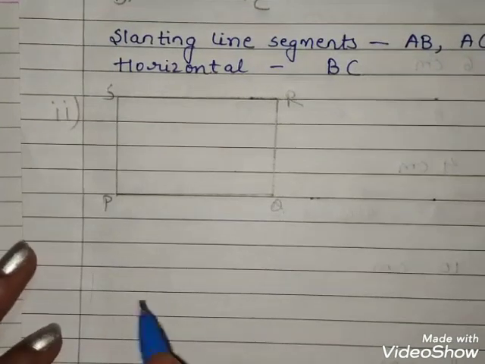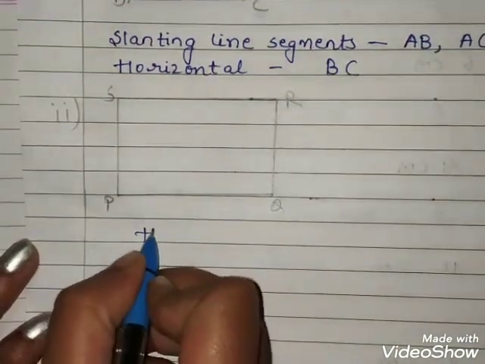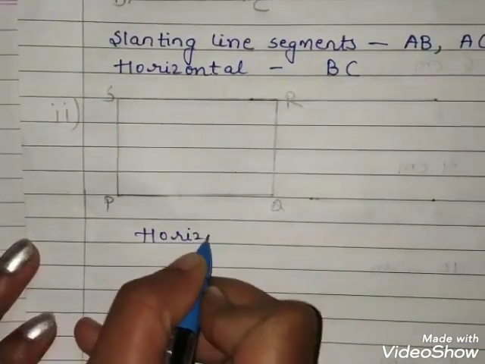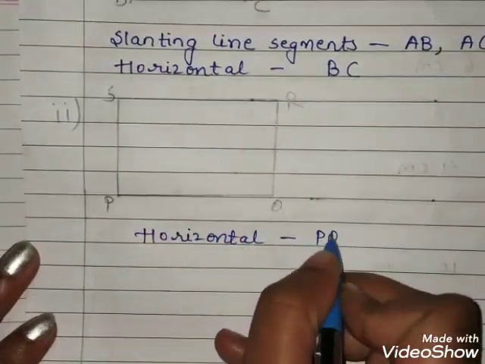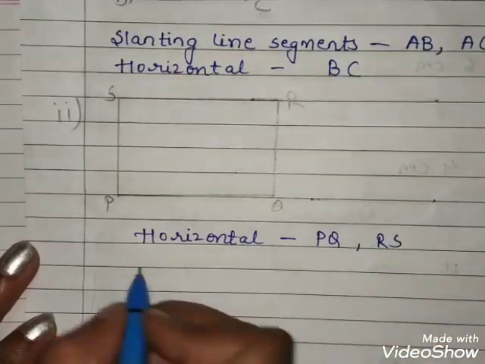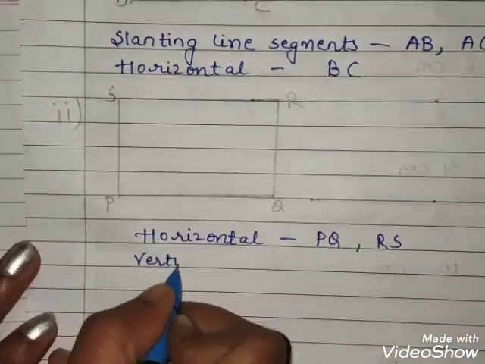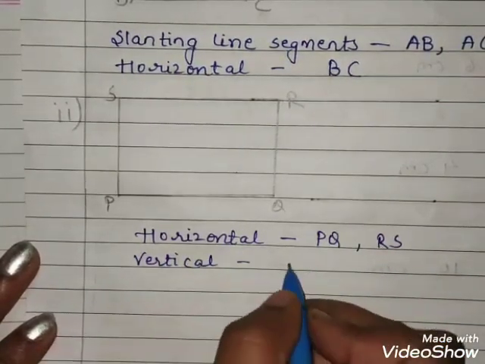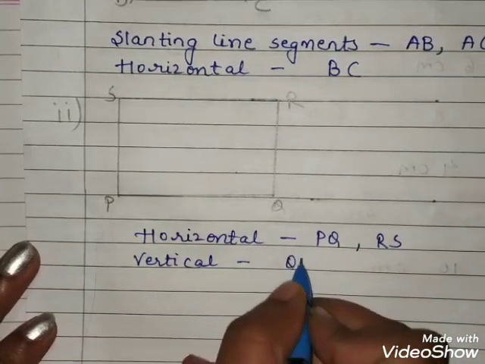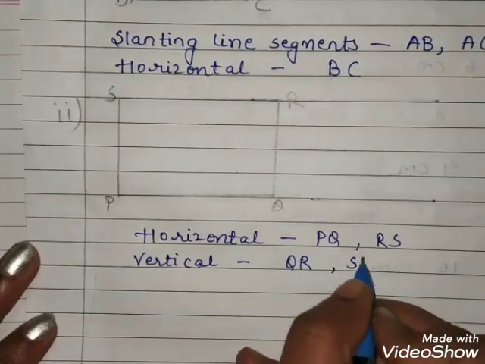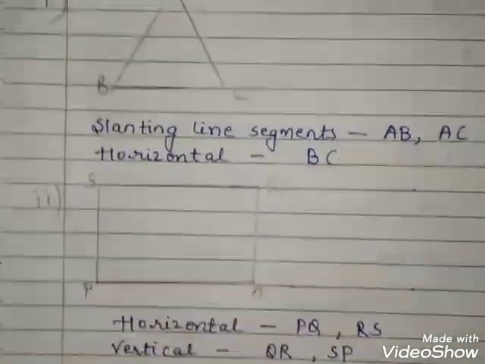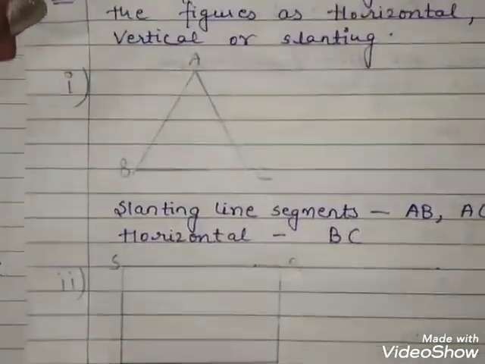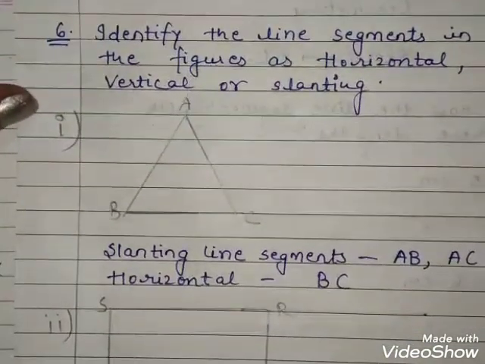So what we need to do? We need to write that horizontal are PQ and RS, and vertical are QR and SP, right?